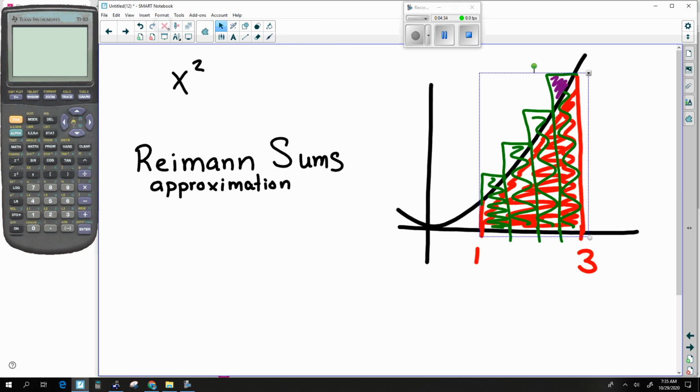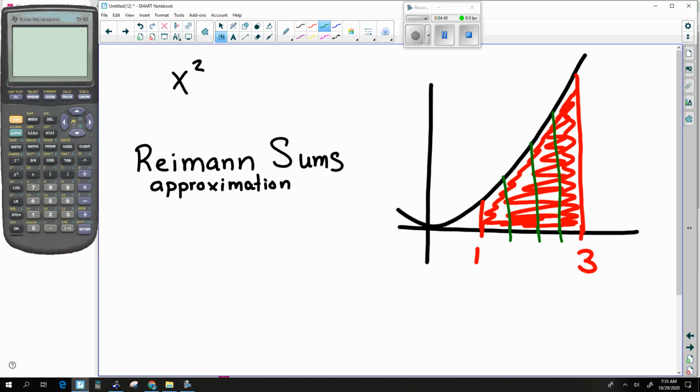Now how do I create these Riemann sums, and what are the different types of Riemann sums? Let's take these rectangles, for instance. There's different types of Riemann sums. There is the right-hand or right side Riemann sum, and it'll be R, R-A-M.